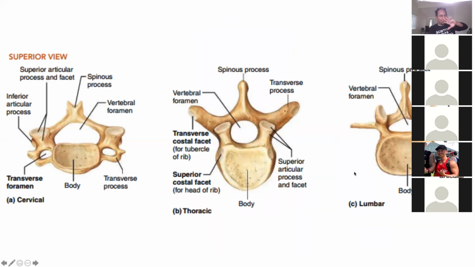We are doing a transverse section, looking at the vertebra from the top, and you can see the heart shape of the thoracic vertebra. You can see a more oval-shaped body in the lumbar vertebra, and you can also see the transverse process on each side of the vertebra.